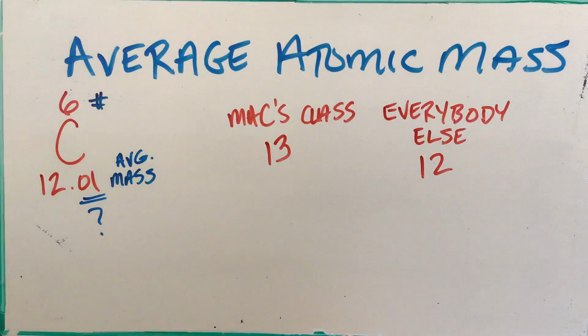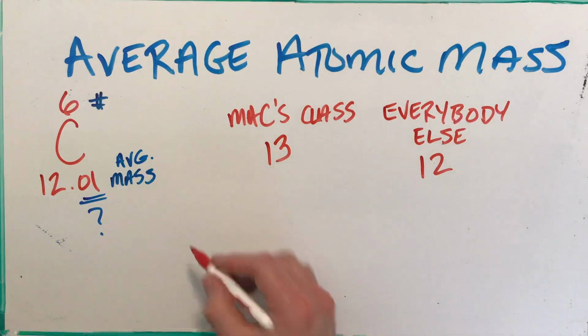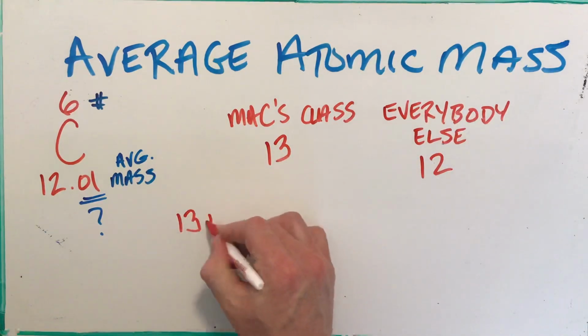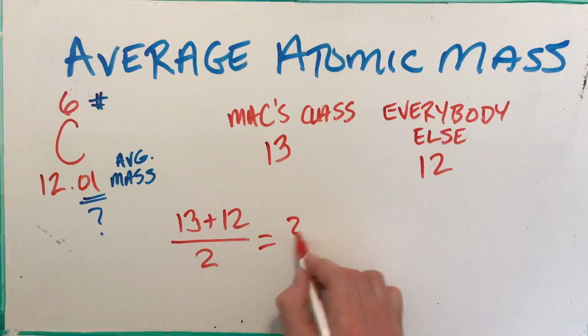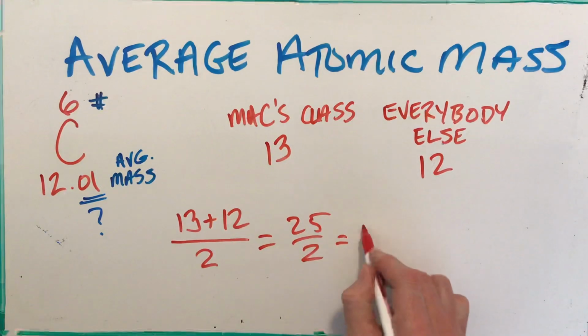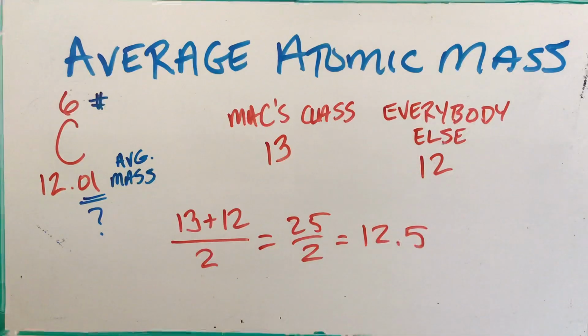All right? The simplistic way is to take 13 plus 12 and divide it by 2. This is basically taking the two values and just finding the average between 13 and 12. Well, we know that's going to be 25 over 2, which is 12.5.